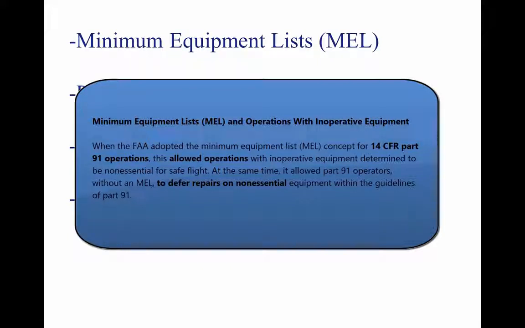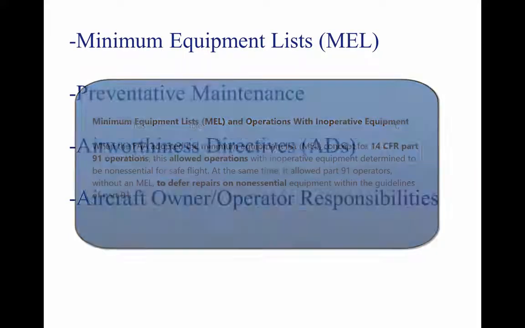When the FAA adopted the Minimum Equipment List, MEL, concept for 14 CFR Part 91 operations, this allowed operations with inoperative equipment determined to be non-essential for safe flight. At the same time, it allowed Part 91 operators without an MEL to defer repairs on non-essential equipment within the guidelines of Part 91.